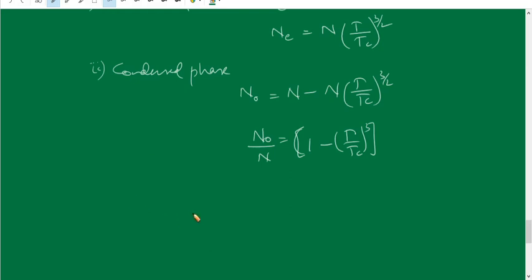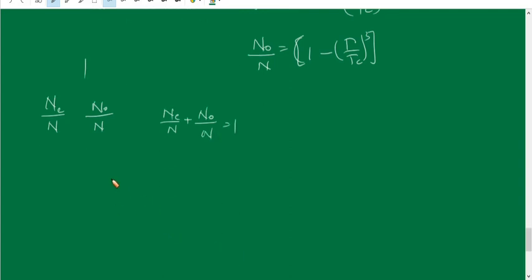So we can draw the graph of the fractions ne by n and n0 by n. These are complementary. If you add these two, you will get the fraction 1, the total will be 1.